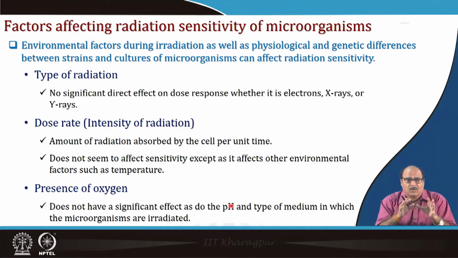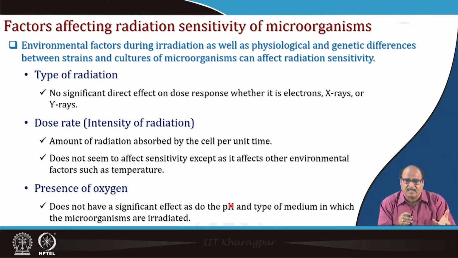Okay. Now let us see the factors which affect the radiation sensitivity of microorganisms. Both the environmental factors during irradiation as well as physiological and genetic differences between strains and cultures of microorganisms can affect the radiation sensitivity. The type of radiation will not affect the radiosensitivity of microorganisms.